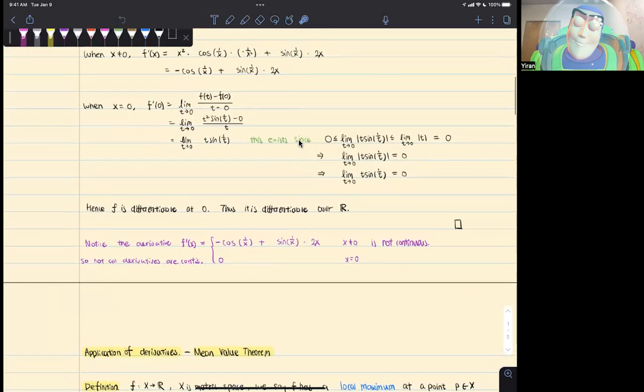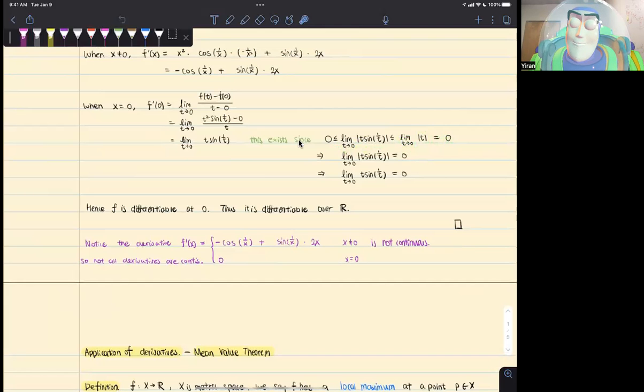Here we write this inequality, which is true because the absolute value of the sine function is bounded above by 1. Therefore, as t converges to 0, this converges to 0. Meanwhile, because of the absolute value, this expression is larger than or equal to 0.